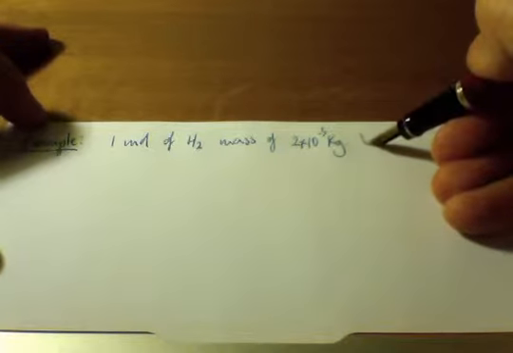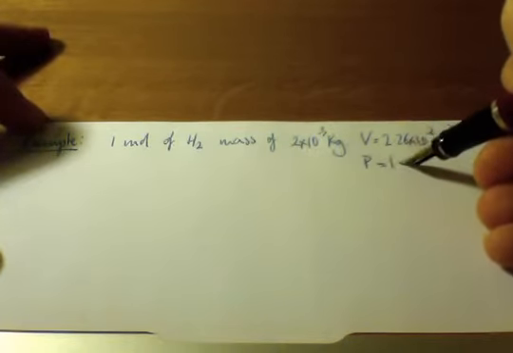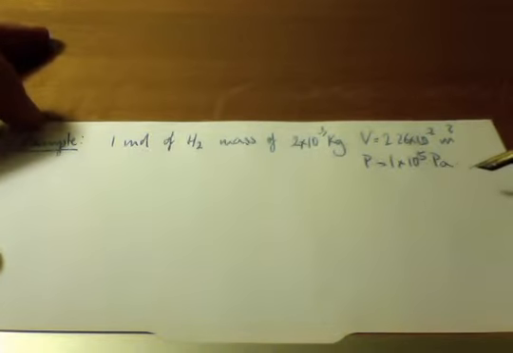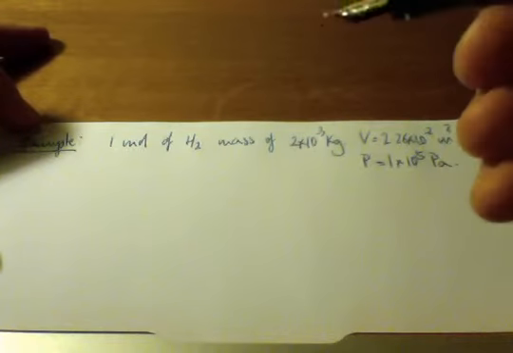It has a volume of 2.26 times 10 to the minus 2 meters cubed, and a pressure of 1 times 10 to the 5, a normal atmospheric pressure, 1 atmosphere in effect. And the question is, first of all, what is the speed of the particles moving around in that gas?